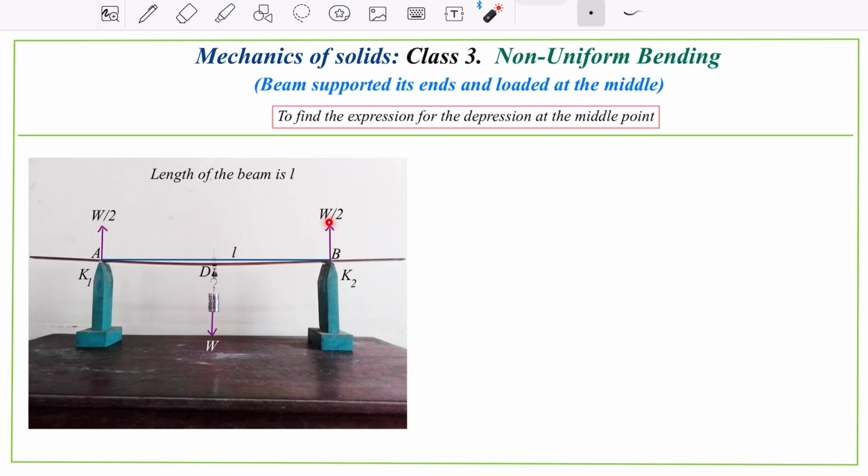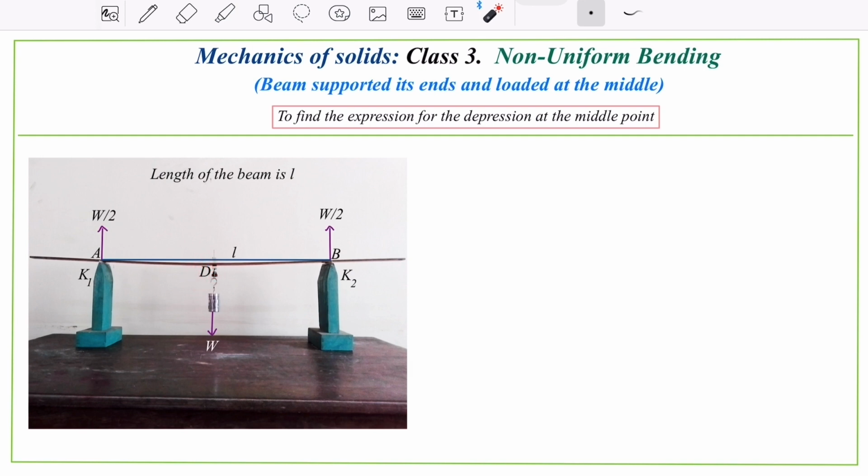Now the reaction at each knife edge is W by 2, acting vertically upwards. That is, the reaction at one knife edge is W by 2 and at the other knife edge is W by 2. It acts vertically upwards. And we can say that the beam bends symmetrically with respect to D. D is the middle point of the beam.